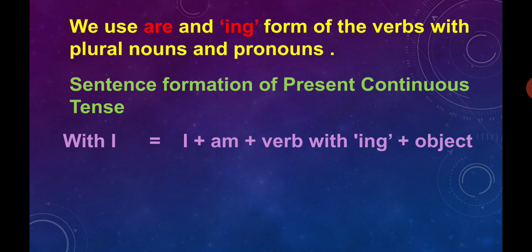For example, I am going to school. So, after I, am is there. After am comes going, the ing form of the verb. Right? And then to school is the object of the sentence.